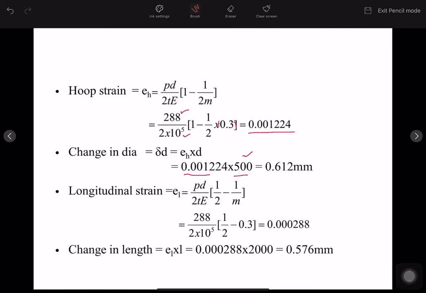There won't be any change in internal compared to external, so we can directly substitute external diameter here. 0.001224 into 500 gives a value of 0.612. So this is our change in diameter.